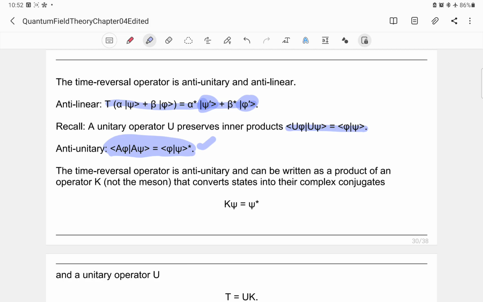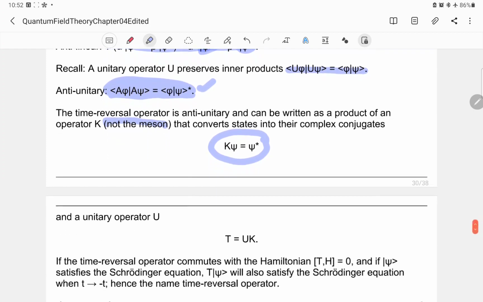So the time reversal operator is anti-unitary and can be written as a product of an operator K, not the meson, that converts states into their complex conjugates. This is the operator K, and a unitary operator U. And so your time reversal operator is actually a product of a unitary operator and a K operator that gives you the complex conjugate.